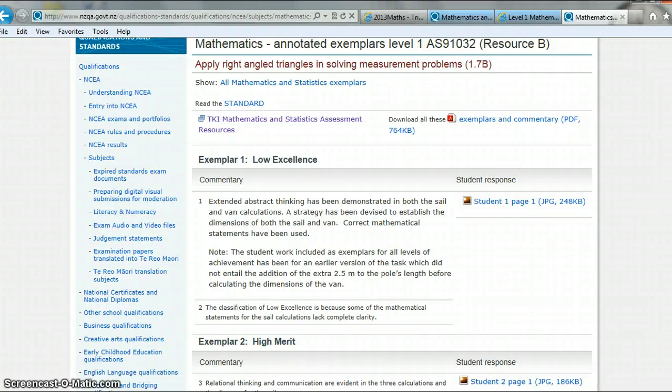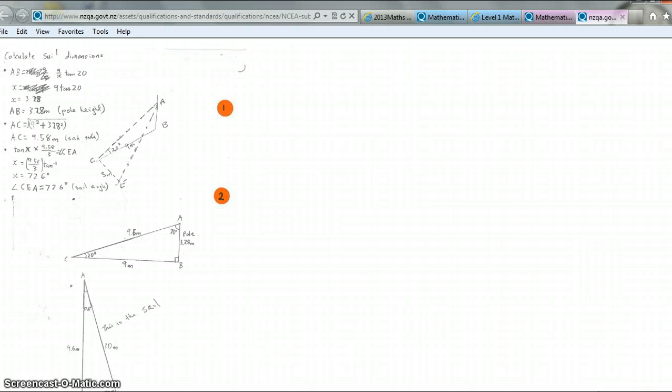So this person got excellence. So this is your way of seeing what excellence looks like from a student's perspective. So you can see that they actually haven't got a whole heap of working there, but it is clear.